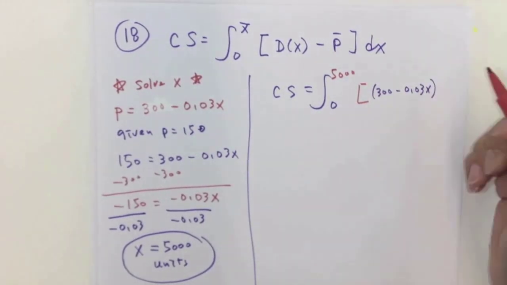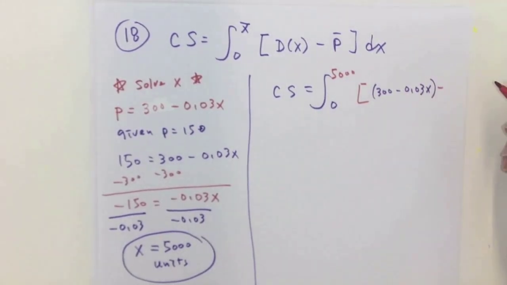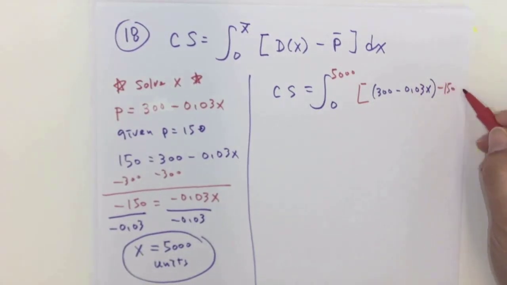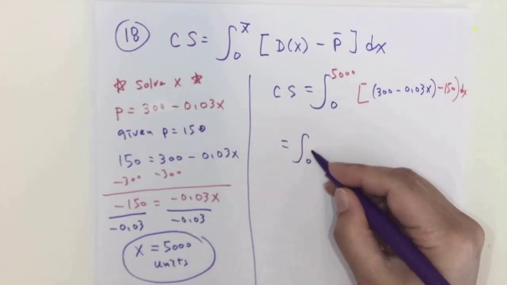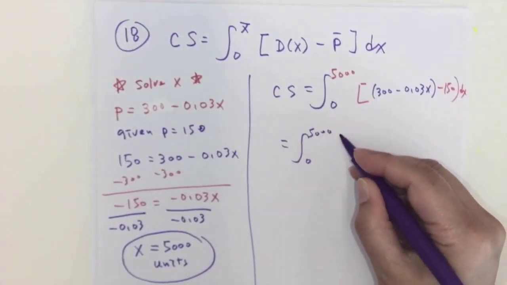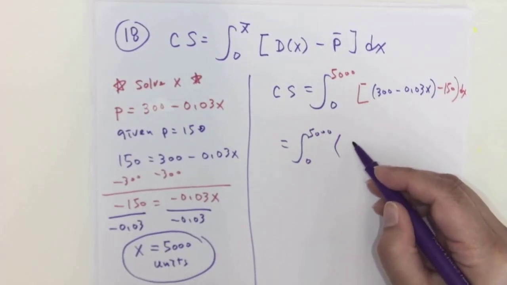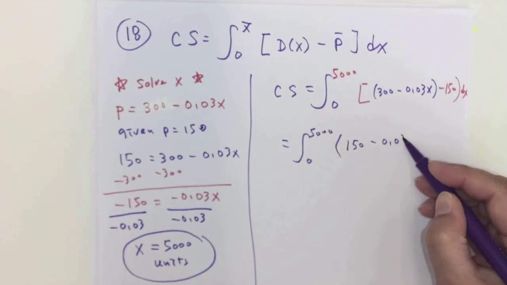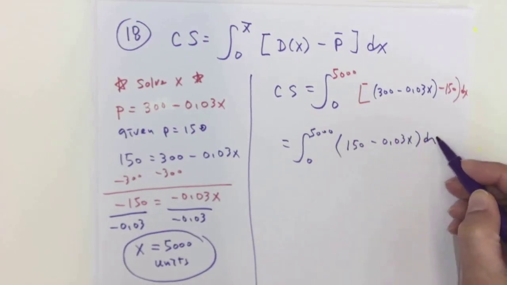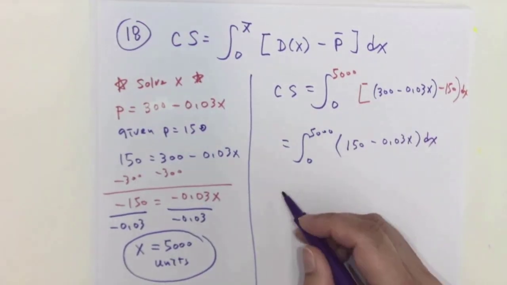We need to subtract the price. The price is what? 150. The whole thing needs to be dx. We can combine like terms first. This is between 0 to 5,000. Inside we have the 300 minus 150 would be 150 minus 0.03x dx.